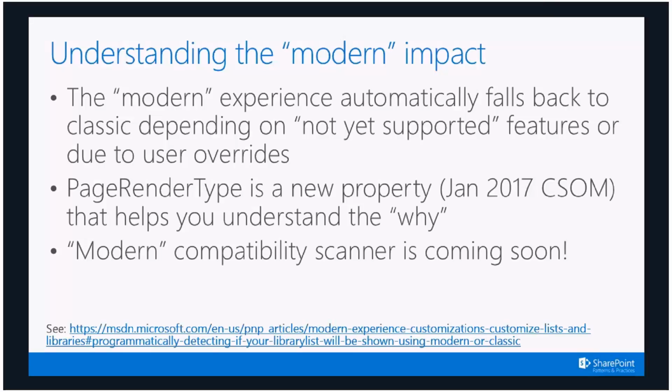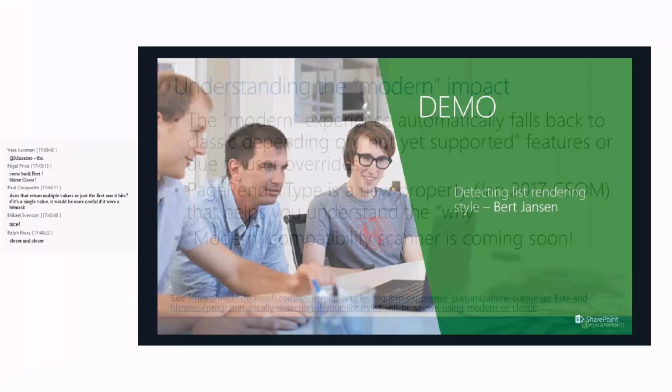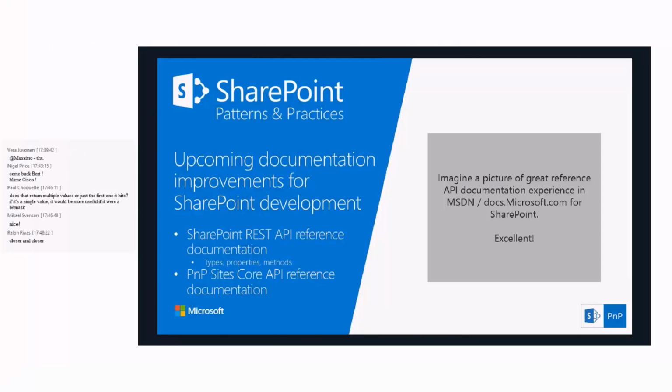Cool. Switching back to the slides, I do have one additional slide. Oh, that's your demo slide, and then this was the additional slide. So something just for people to be aware. Two weeks ago in the SIG, we already shared that, hey, awesome, the PnP PowerShell cmdlet documentation is in MSDN. And if I remember the address correctly, it is aka.ms/sppnp-powershell, because I think we updated that URL as well.